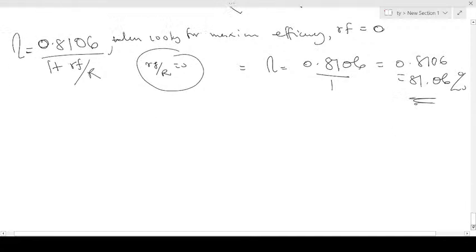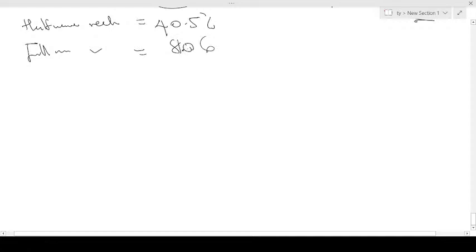Remember that our half-wave rectifier's efficiency was 40.5%, and that of our full-wave rectifier is 81.06%. So keep that in mind.